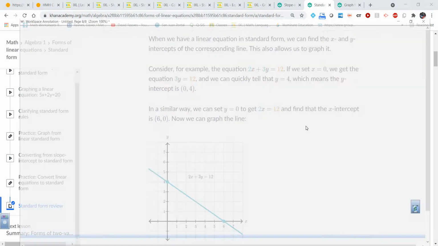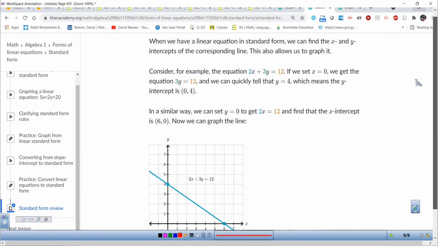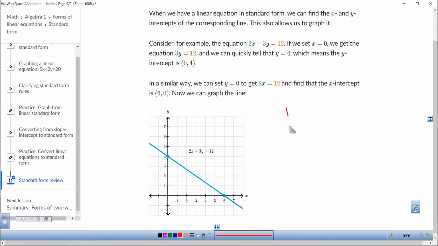Oftentimes what I will do is make what I call a mini table. I'm going to make a table right here, with an x value of 0 and a y value of 0, and then I have this equation, 2x plus 3y is equal to 12. For the first one, I'm going to put in 0 for x.